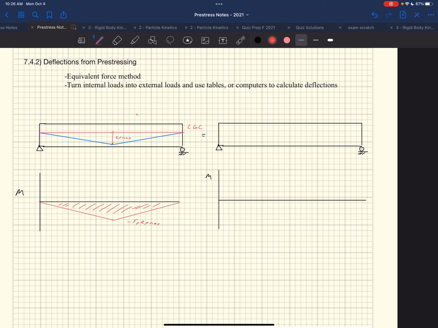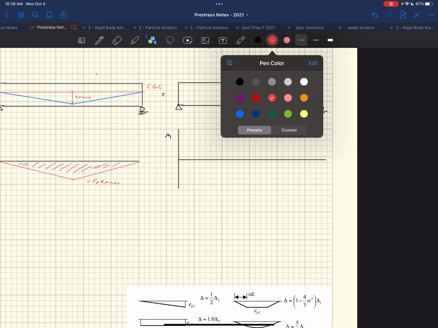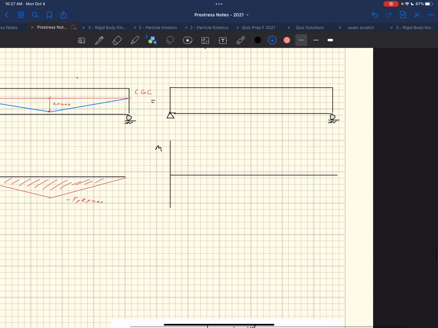If I put a point load right here, my moment diagram would be exactly the same. This is what I mean by the equivalent loads. We're going to call that Q. A point load up like that would cause the exact same moment diagram.